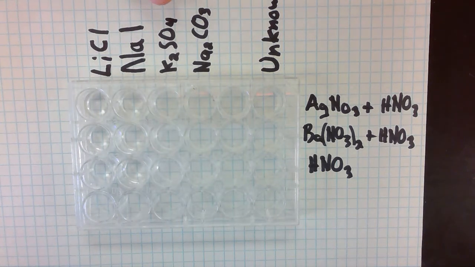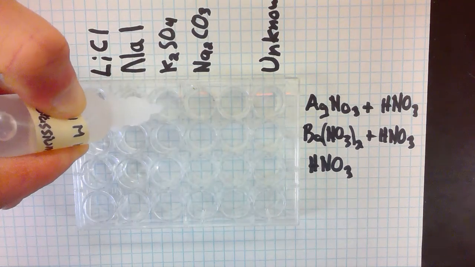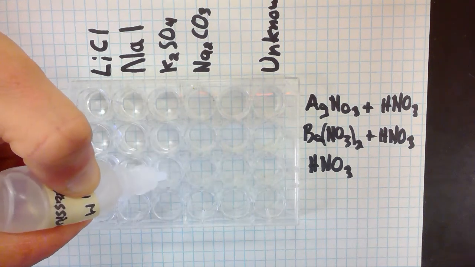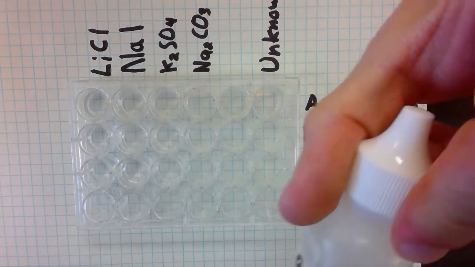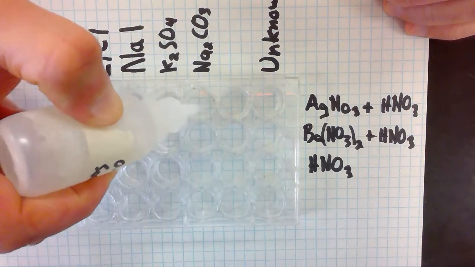And the third one I have here, K2SO4, that is potassium sulfate. Here I have my potassium sulfate. I'll put that in these 3 wells. Alright, and then the last one I have on here is sodium carbonate. Here's my sodium carbonate. I'm going to add that to 3 wells here.